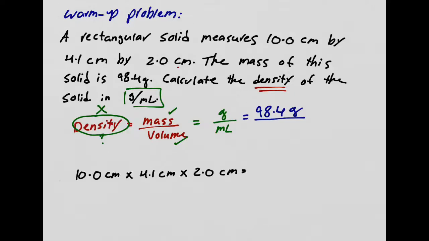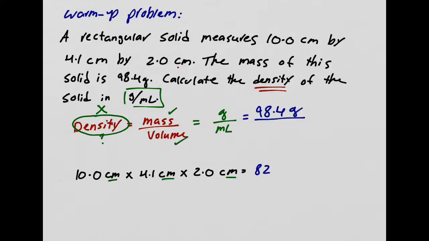So I'm multiplying width by length by height, and I can figure out the volume. Now, centimeter times centimeter times centimeter. If you plug it into your calculator, just remember we always have to care about significant figures also.